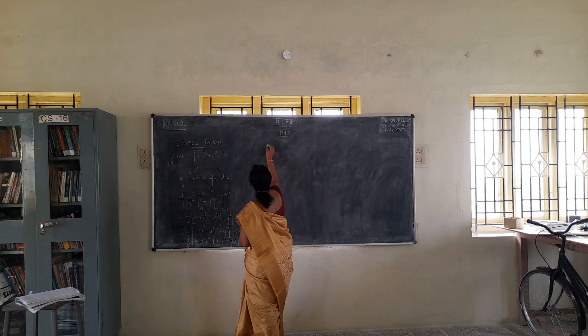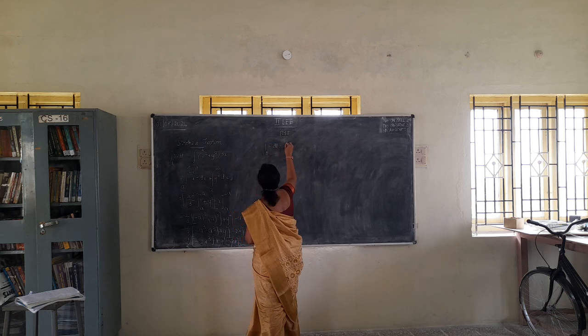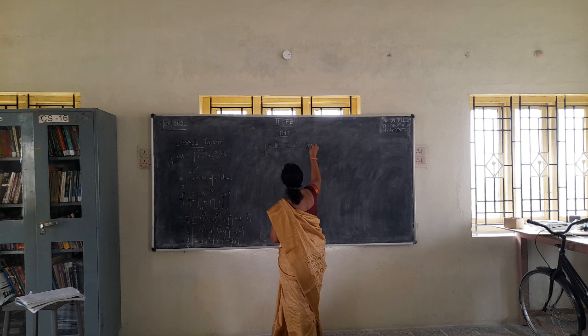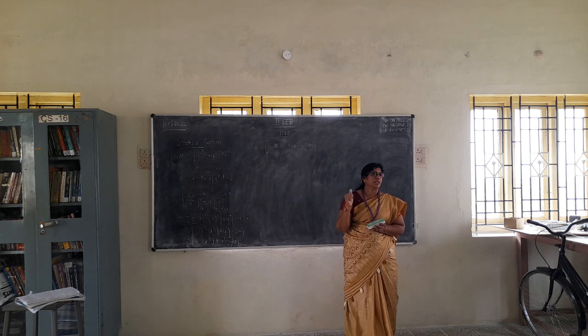So final value integral of CD f dot dl will be equal to minus 2 by 3 a cube minus 2a y square. Correct?